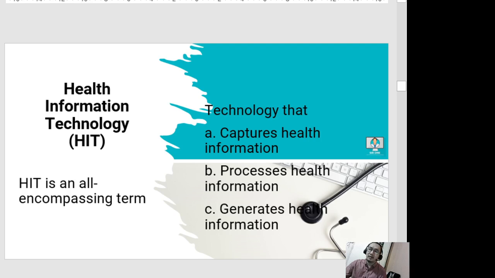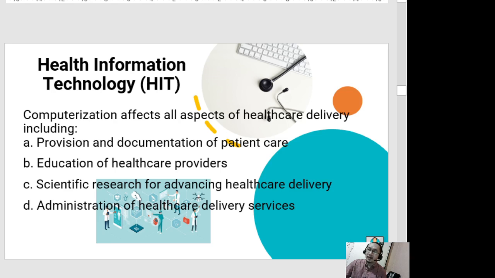When you say health information technology, it encompasses various fields of nursing practice, again, be it clinical, academe, or research. It is present in gathering of data and information, processing this health information, generating health information, and working it into knowledge.